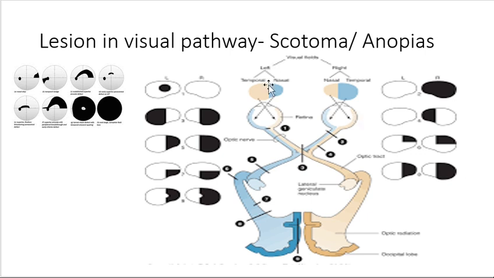Okay, you should be clear about the optic pathway. For example, this is the visual field. Here we have the retina, here we have the optic nerve, then the optic chiasma, optic tract, going to the lateral geniculate body, then to the cortex. So this is the optic pathway, and we have many areas in it. If we have a lesion or trauma at any level, we should be able to tell what the effect will be, such as scotoma or anopia, and how the field of vision will be affected.